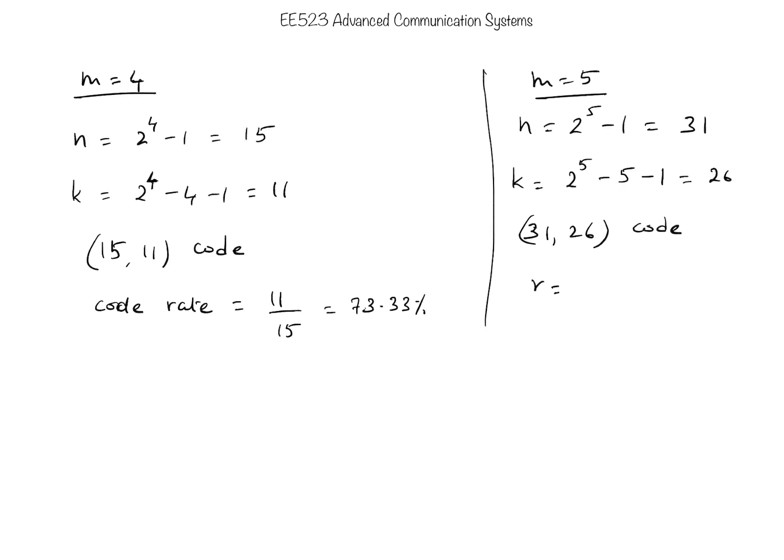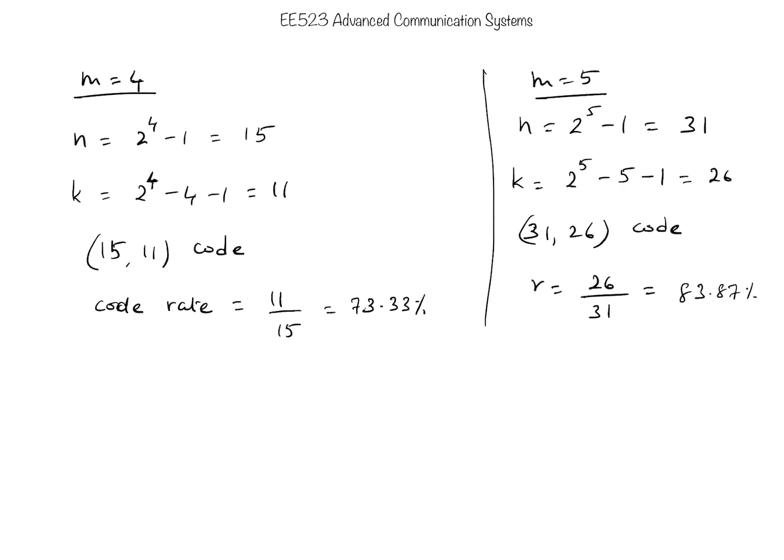So the code rate R is equal to k by n, that's 26 by 31. So what do we get for 26 by 31? 26 by 31 is 83.87%, right?